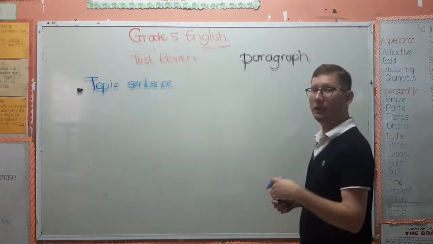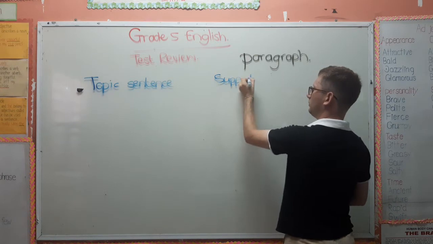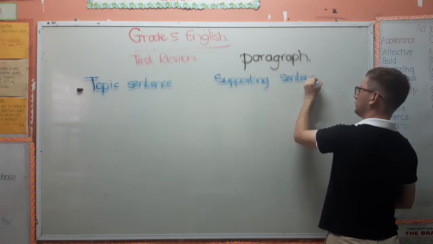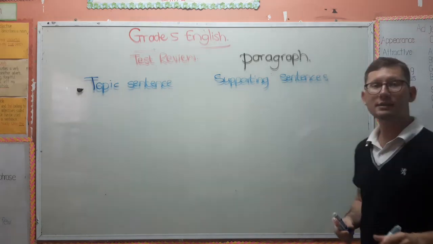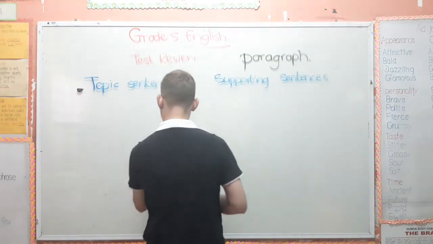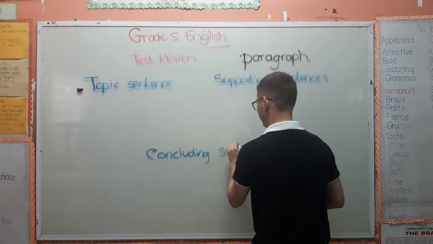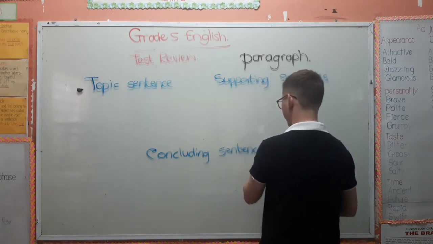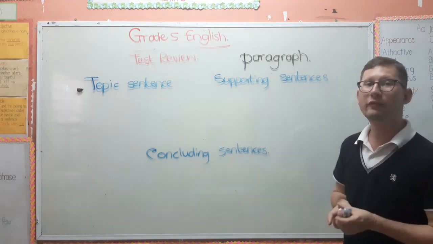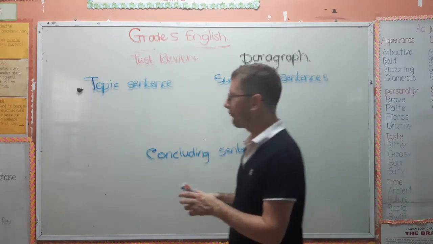You should think about the supporting sentences, and lastly you have to think about the concluding sentences. Okay, so these are the three most important things you have to think of before you're writing your paragraph. So let's have a look at the first one.